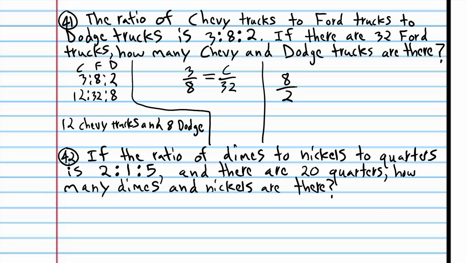And there are 32 Fords. And again, multiply both sides of this fraction by 4, and then you get 32 in the numerator and 8 in the denominator, so Dodge trucks is 8. So that's why we didn't use this method, because we'd have to set up 2 equations. It'd be a lot faster if we use this method.